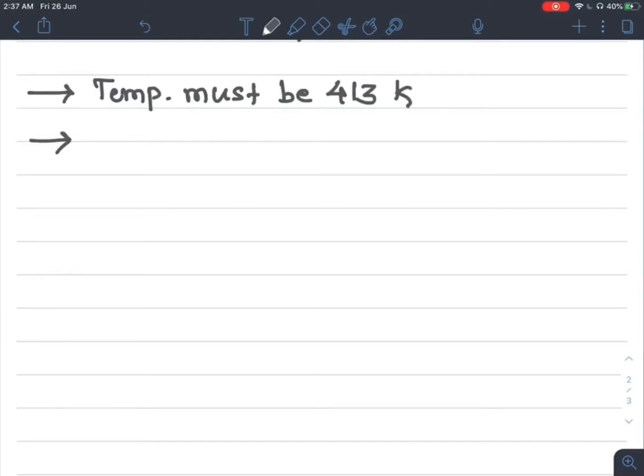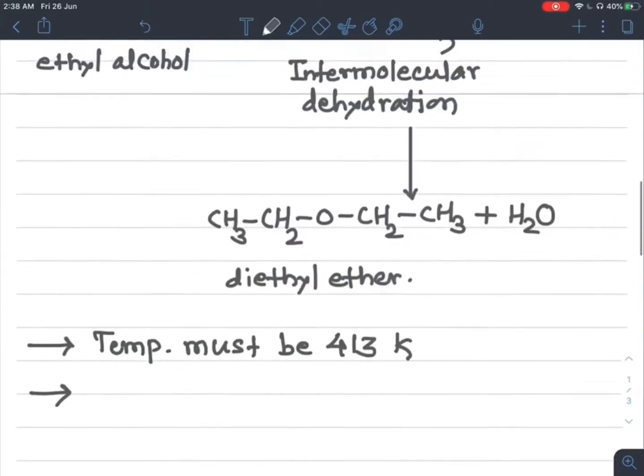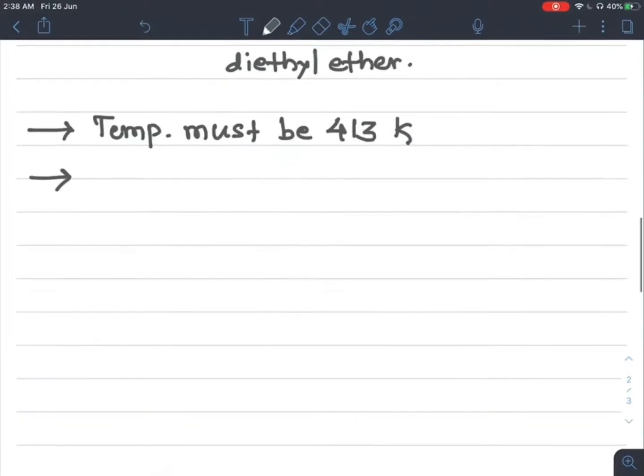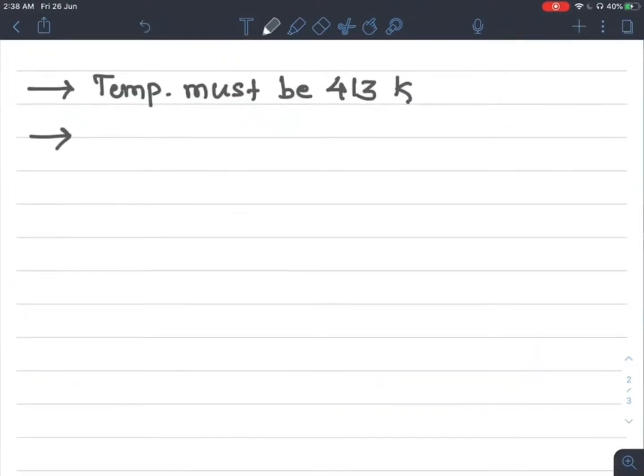The second condition: when this reaction takes place, both these substrates are equally important, means SN2 reaction takes place. I will explain in the mechanism part. So the second condition is that the SN2 reaction mechanism is followed by this reaction.